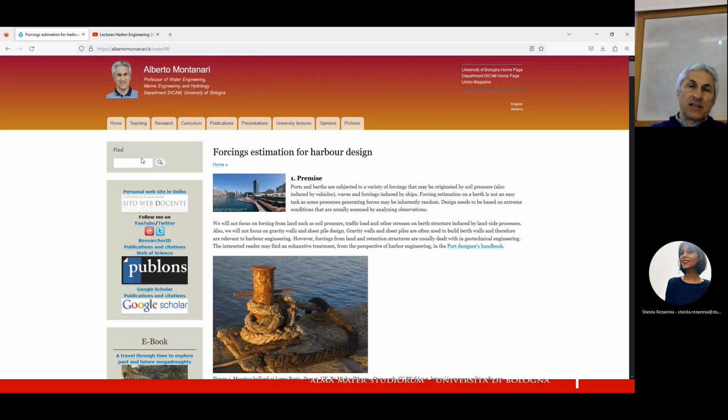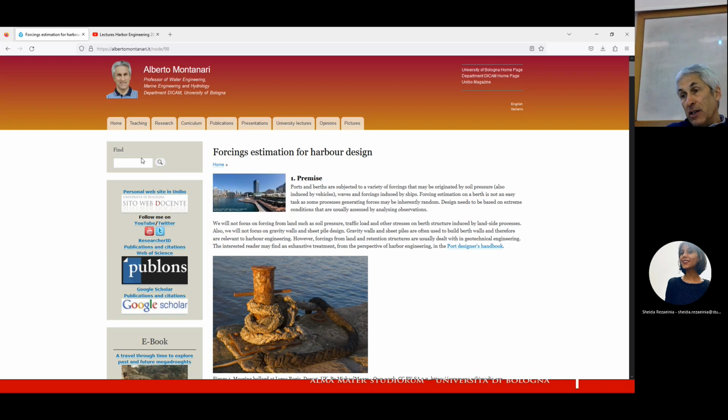Forcing estimation is of course a central topic when we are involved in Harbour design. It's a problem that has many perspectives. We can take several different perspectives to look at it.